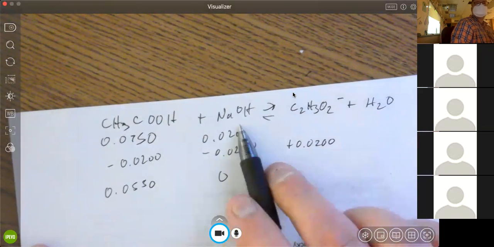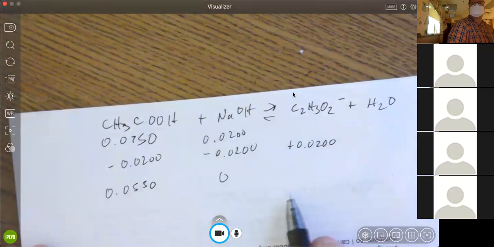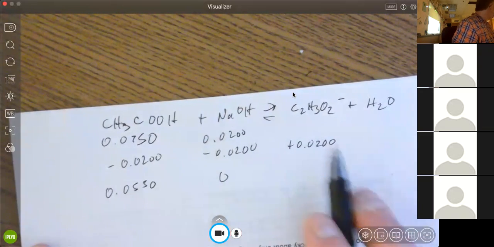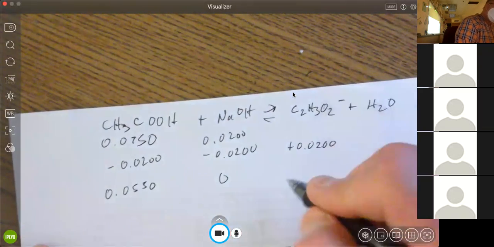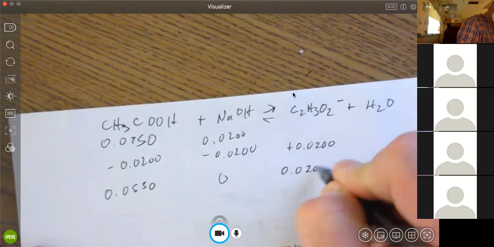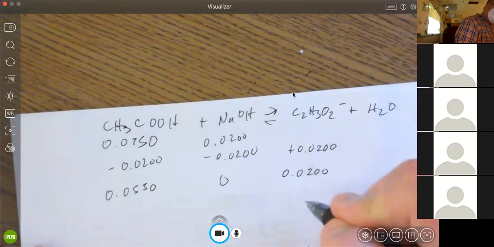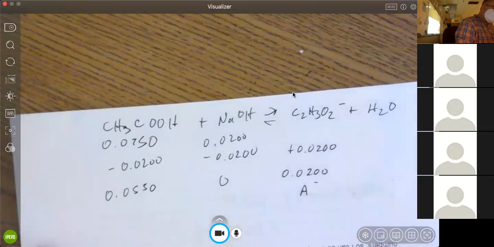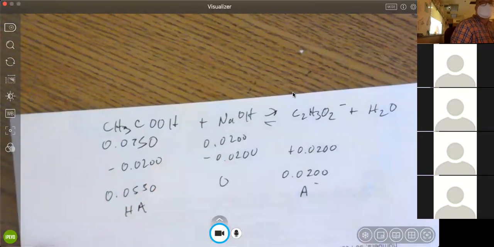When this takes away the hydrogen from that, it makes exactly the amount equal to the strong base. So this is our A negative. This is our HA.